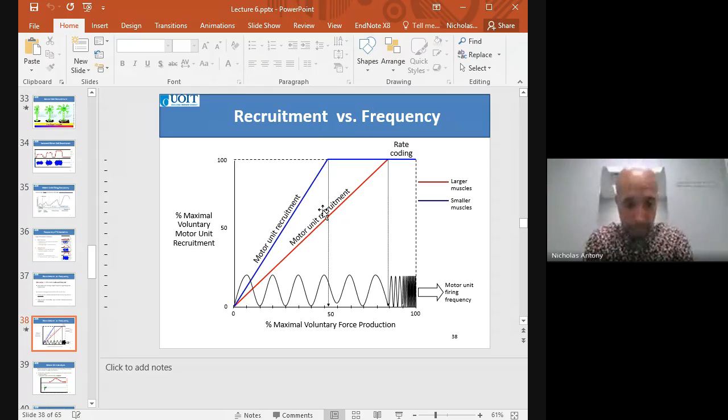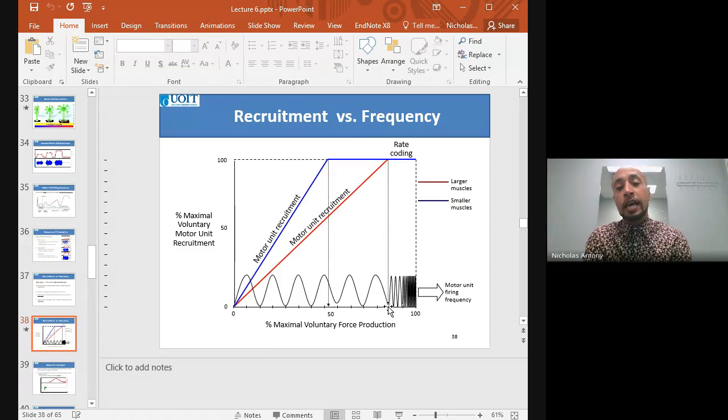Okay, so this chart here is just depicting exactly what I had said. If we can all look at this diagram, here we have the amount of contraction for a given muscle, 0% to 100%. And then on the x-axis, oh, sorry, I screwed that up. On the y-axis, we have the percentage of the motor units that are being recruited.